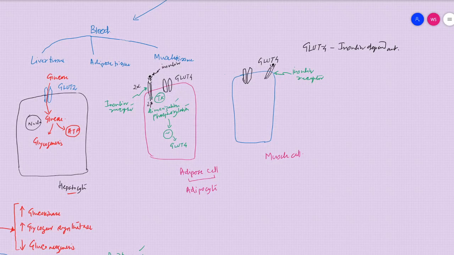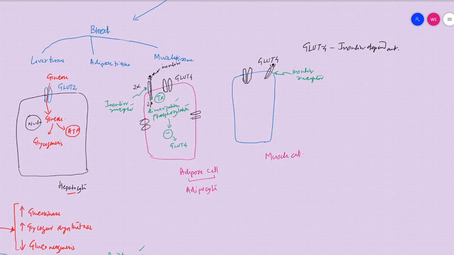Okay, so when there is lots of insulin, then GLUT4 will be transported or translocated to the membrane. Okay, so there are normally lots of GLUT4 receptors present within the cytoplasm. On attaching to insulin, those receptors go to the membrane. As well as new GLUT4 receptors are synthesized under the action of insulin. Okay, so all in all what happens is the number of GLUT4 receptors increases on the surface of the cell, or on the cell membrane.